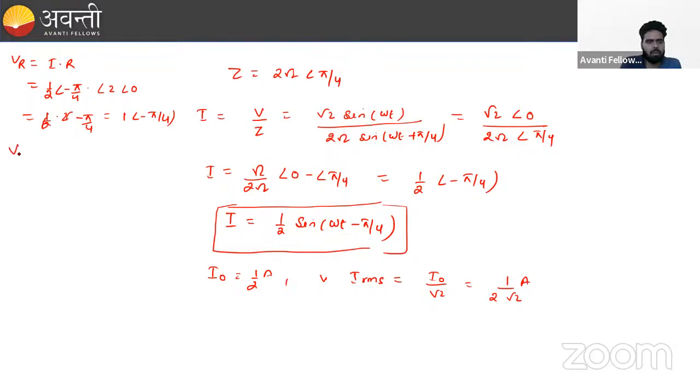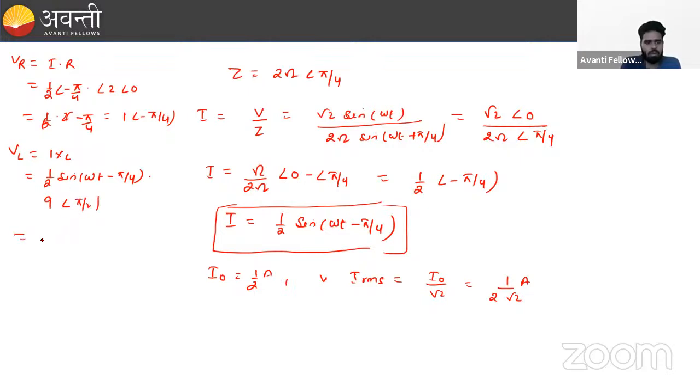If we want to find out V_L, that is I into X_L, what is the value of I? That is 1 by 2 sine omega t minus pi by 4. And for X_L, we know that X_L is always leading in phase. What is the value of X_L given here? That is 9, and this is leading in phase by 90 degrees, so we can say plus pi by 2.